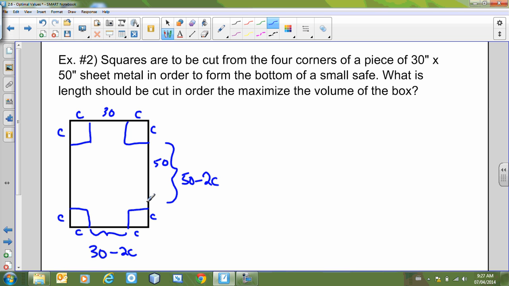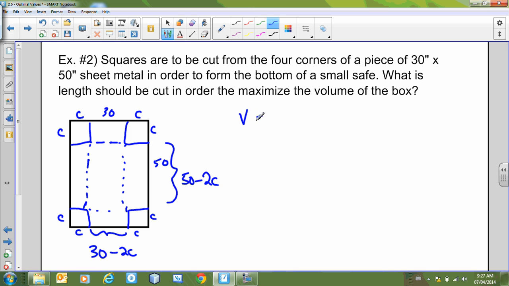And so what you want to visualize is what happens when I fold this up. I'm going to fold along these dotted lines to make the bottom part of my safe. And so this ends up being the wall that comes up towards us. This is the 30 minus 2C. This is the 50 minus 2C that make up the base. The height then, when you fold this up, is C.